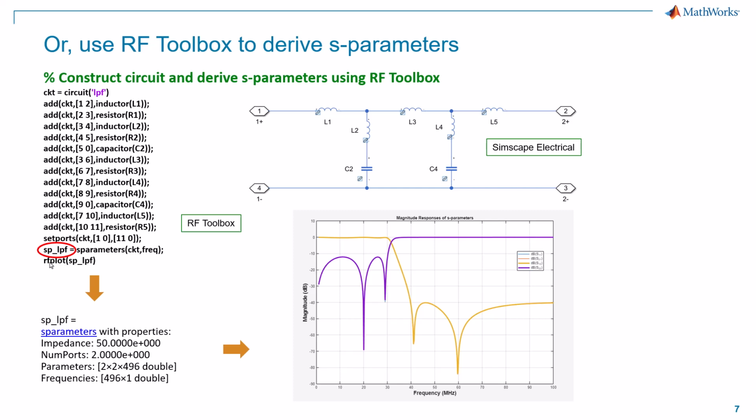Then there are different methods I can apply to that S-parameter object, like rfplot. If it's 2-port, it'll give me the 4 plots for S11, S21, S12, and S22. And that's what you see in the lower right. And this S-parameter object, of course, has certain properties, which you can see over here in the lower left.